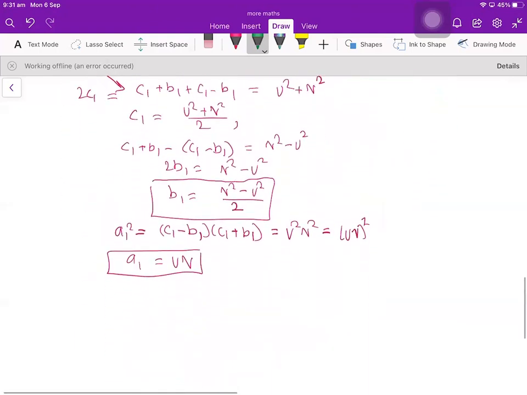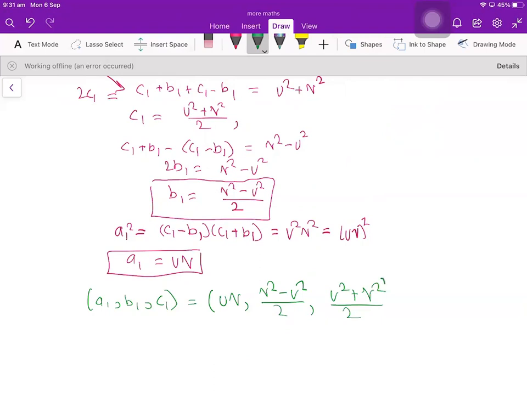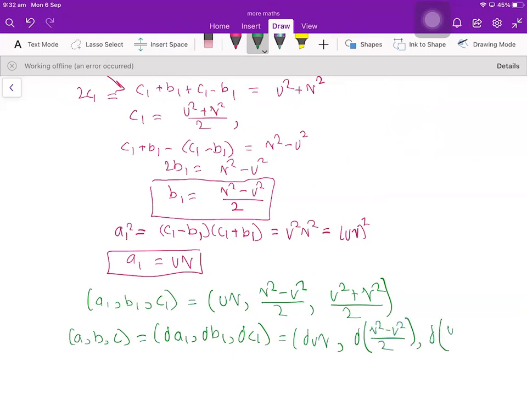Okay, so now we have the triple A1, B1, C1 is equal to uv, v squared minus u squared over 2, and u squared plus v squared over 2. And remember, the original triple A, B, C is equal to, we multiply everything by d. So we get duv, d times v squared minus u squared over 2, and d times u squared plus v squared over 2.